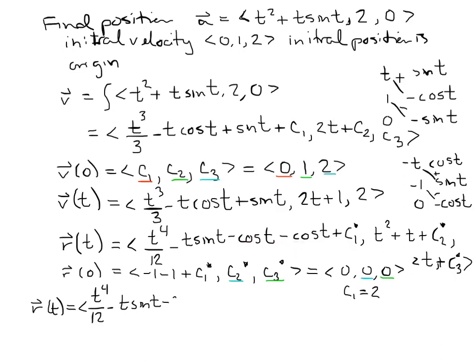I've got 2 of them, so that's minus 2 cosine of t plus c1. That's plus 2. Now I've got, for that second component, t squared plus t, c2 was 0. And for the third one, 2t, and c3 was 0.